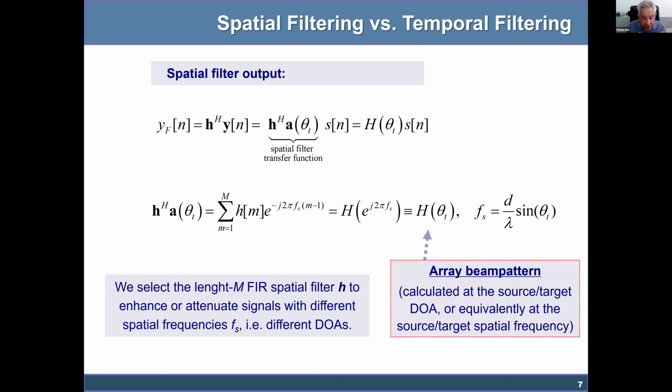So spatial filtering basically introduces an additional degree of freedom that allows us to discriminate the signal of interest from noise, not only based on the frequency content, but also based on the direction of arrival.